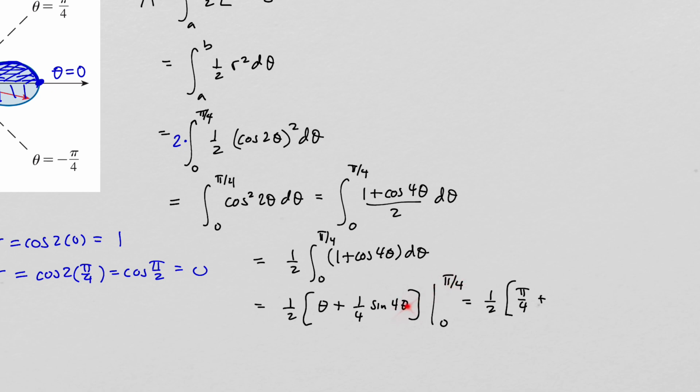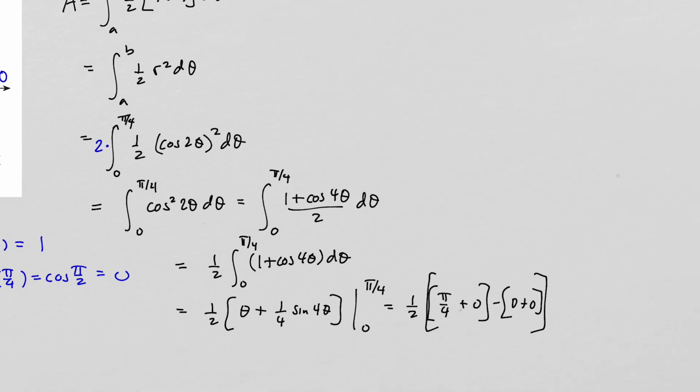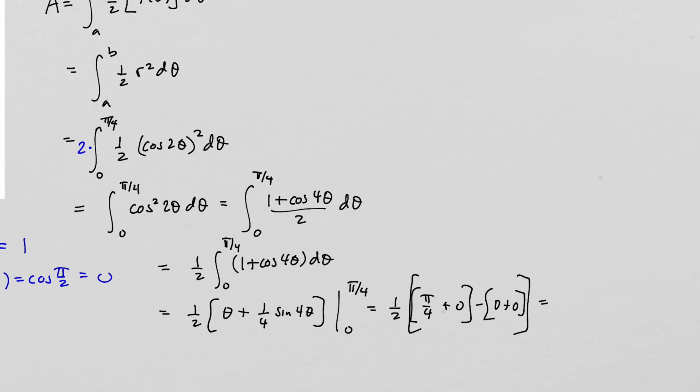We have 4 times pi over 4, which is pi, and the sine of pi is 0. Minus, and then we're going to plug in 0 into here and into here, and of course when you plug in 0 to both of those, you are going to get 0. So pretty nice math in the end. This ends up just being 1/2 times pi over 4, which is pi over 8.